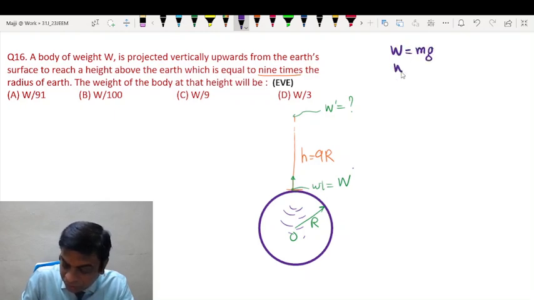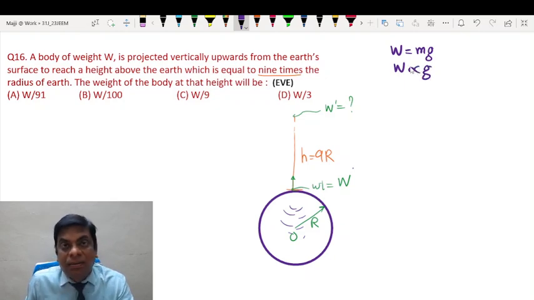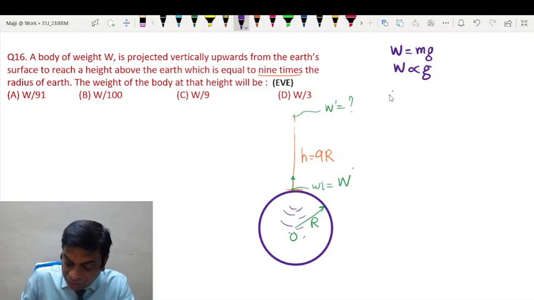So even though mass remains constant, weight will directly be proportional to acceleration due to gravity. So in that case, the factor of change for weight will be the same as that for g.